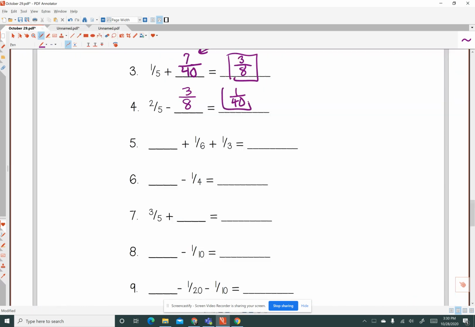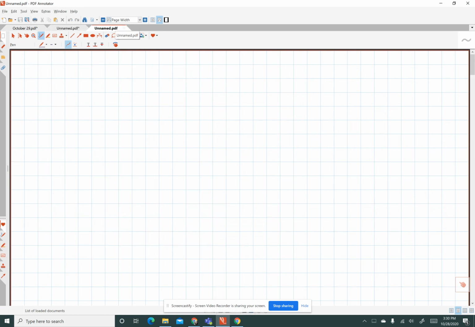And then we also need to write that answer on the next line. Now we have 1/40th plus 1/6 plus 1/3. I think we're going to need a new paper for that. So this is number 5. 1/40th plus 1/6 plus 1/3.